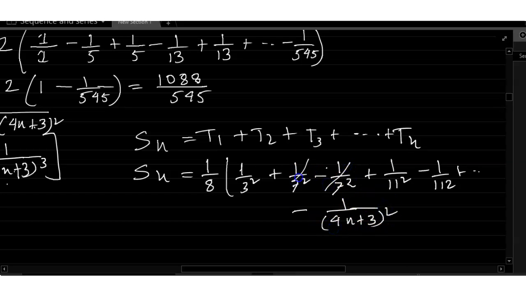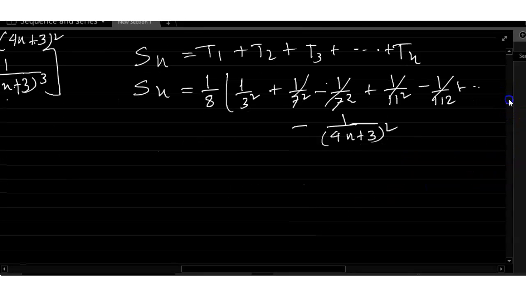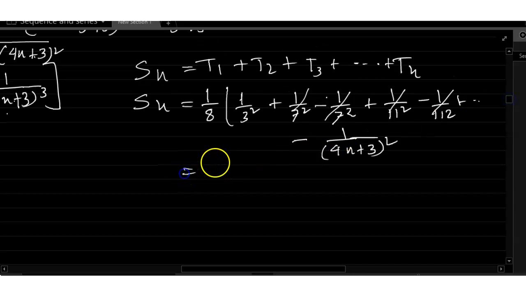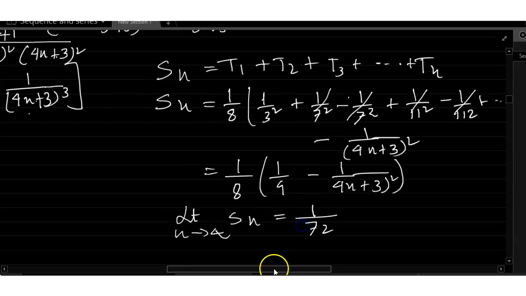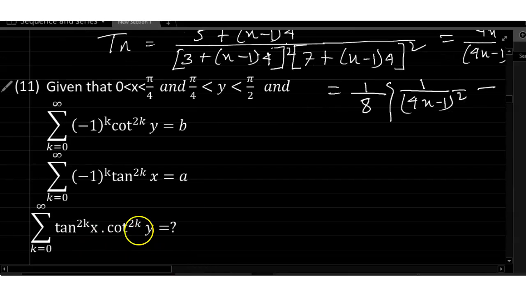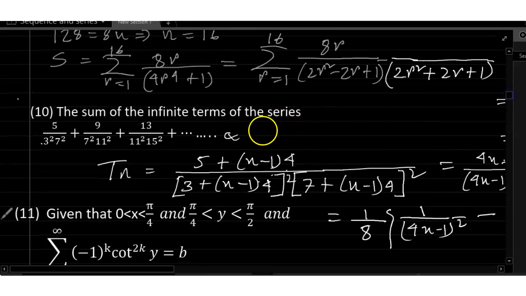All terms will be cut because it is a telescoping series. So 1 by 9 minus 1 by (4n plus 3) whole square, and as n tends to infinity, Sn is equal to 1 by 72. So the value is 1 by 72.